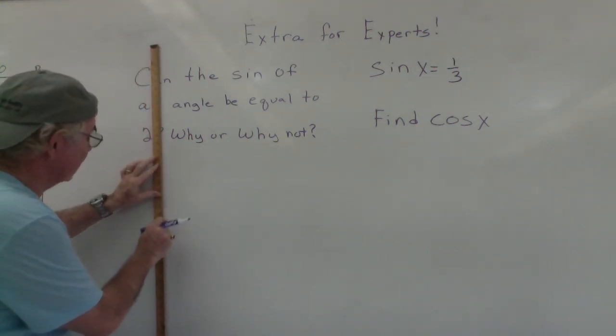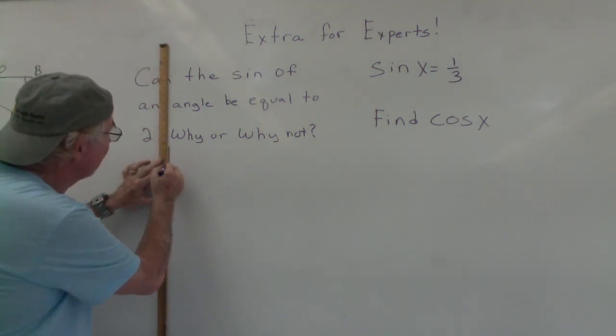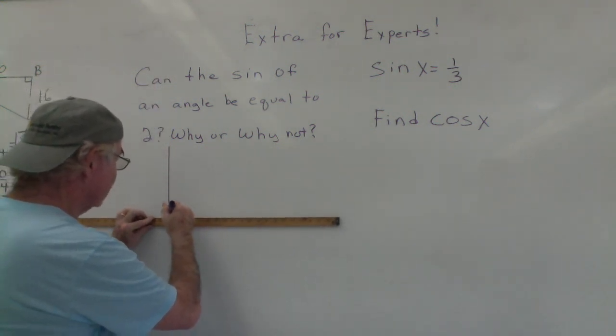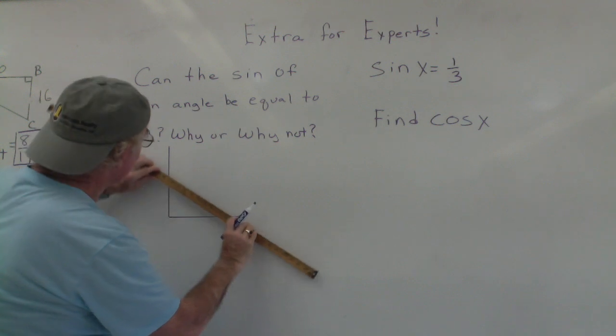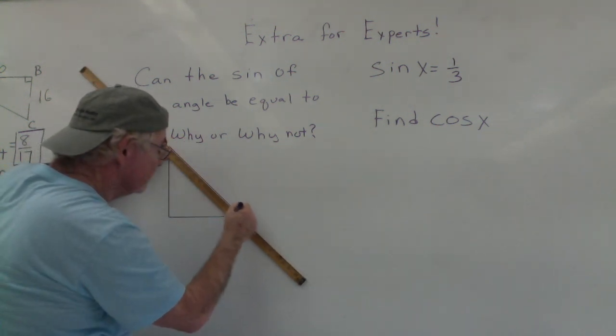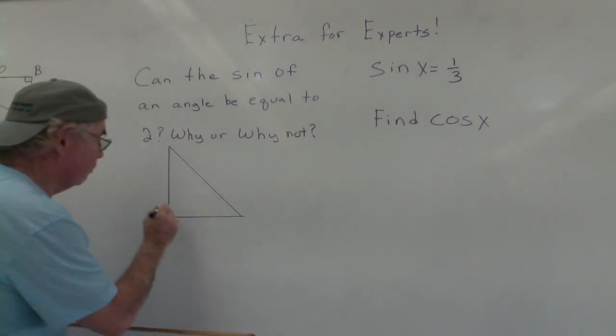To look at this, I want you to look at the way we drew this triangle. We have a right triangle. Shape it however you like, and just take one of the angles.